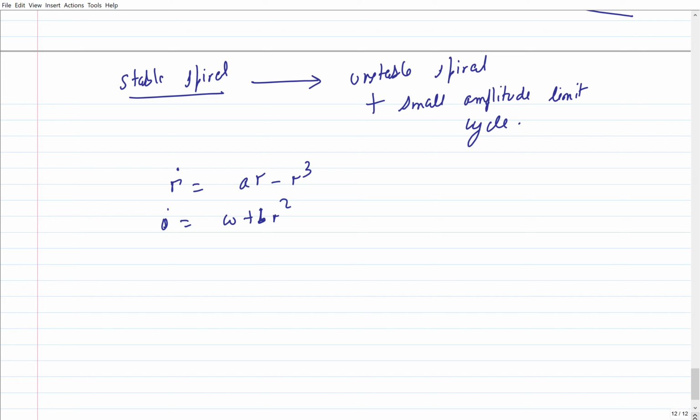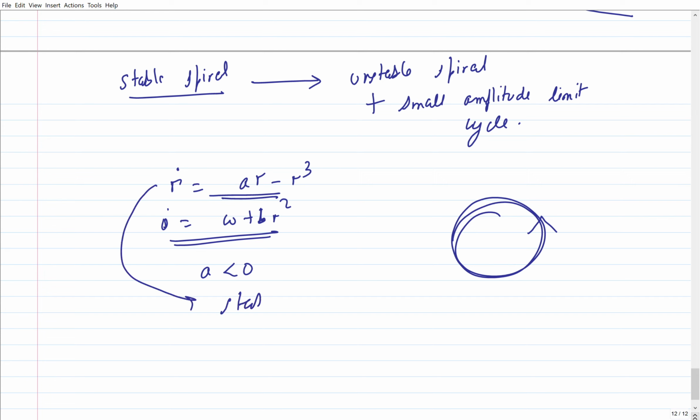If you look at it, essentially theta just provides the angular rotation part of it. For a less than 0, this is a stable point. This guy is stable. So I have a stable spiral. Everything is like this for a less than 0.